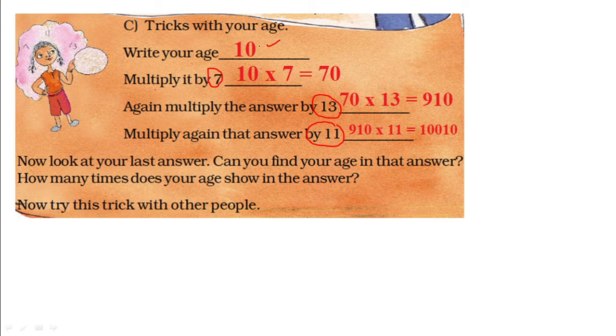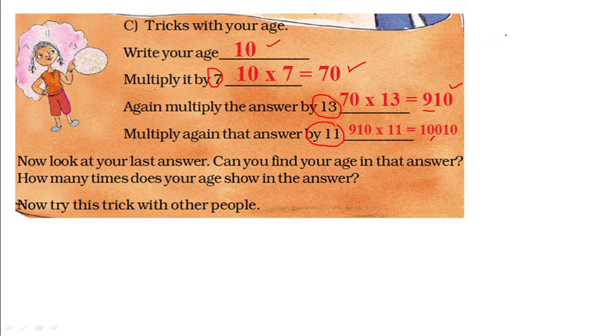So you take 10. Now you multiply 10 with 7. So 10 into 7, 70. Now this 70 multiply with 13. So 13 sevens are 91 and 0 is here. So 910. Now multiply this 910 with 11. So answer is 10010.